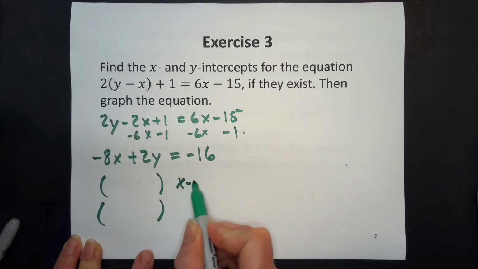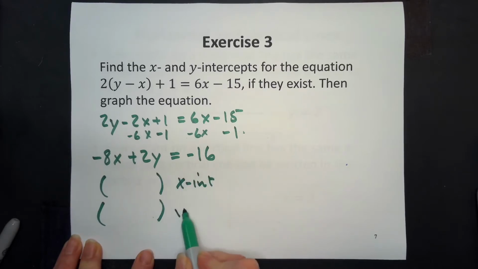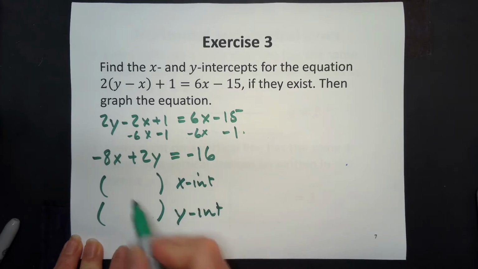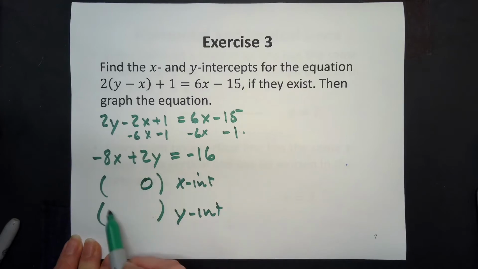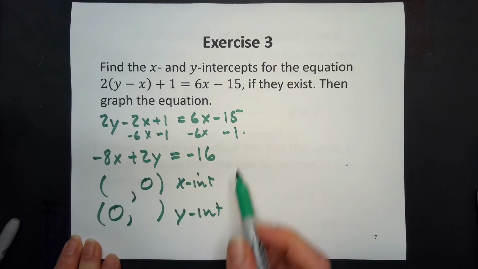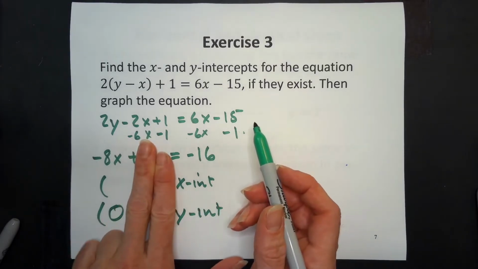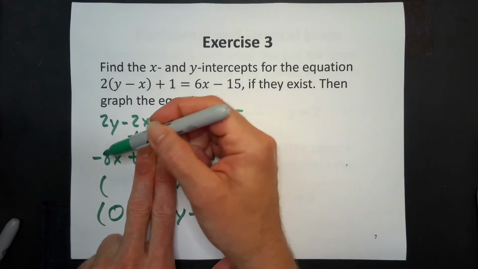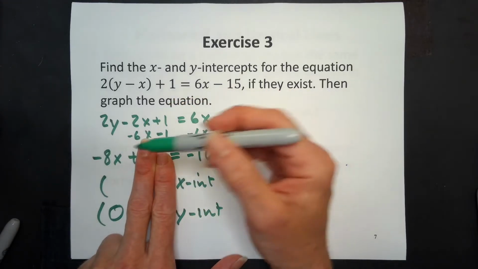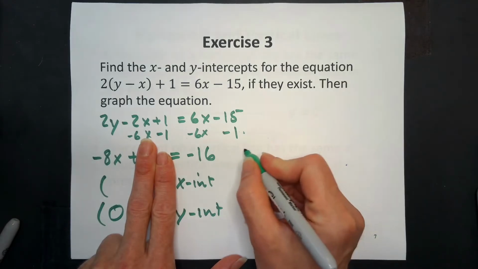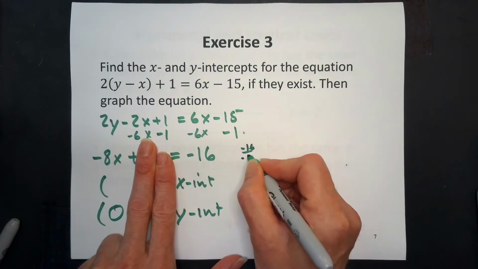So I'm going to give my x-intercepts and my y-intercepts. For the x-intercept, y has to be 0, and for the y-intercept, x has to be 0. So now I'm going to cover up my y component for my x-intercept, and I'm going to get negative 8x equals negative 16. I divide both sides by negative 8. You need to write that off to the side somewhere.